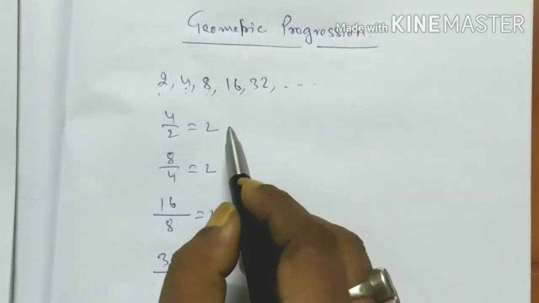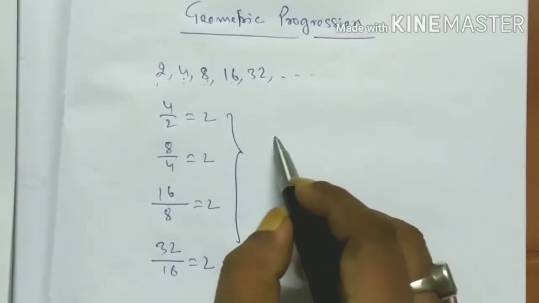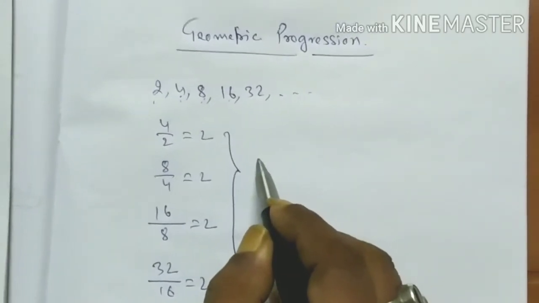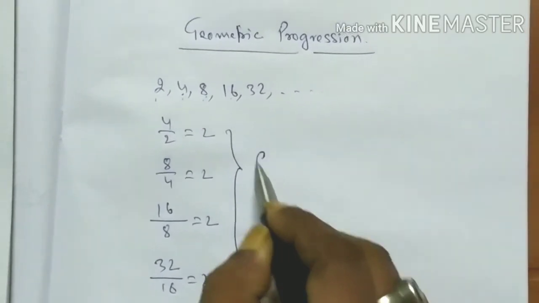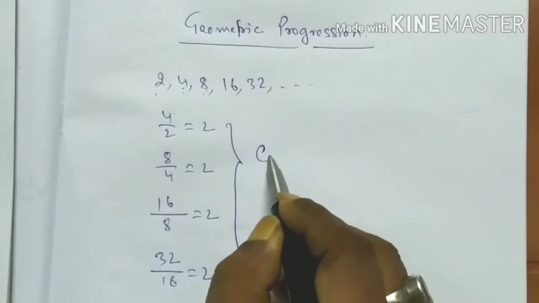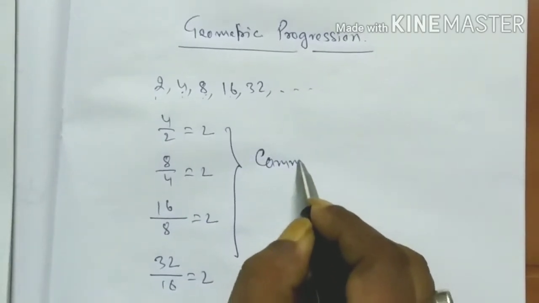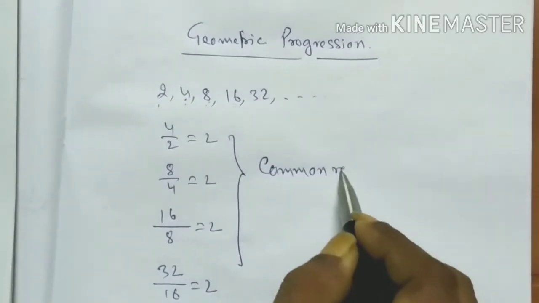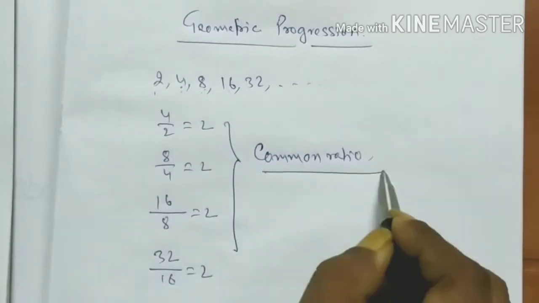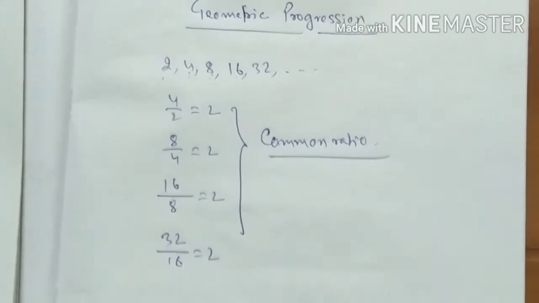This is called the common ratio in geometric progression.